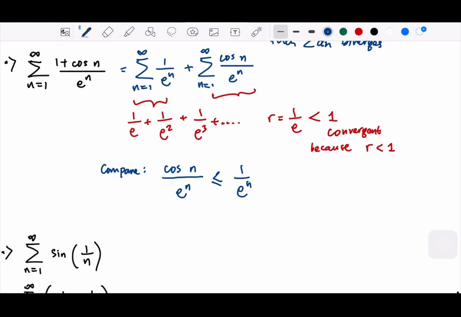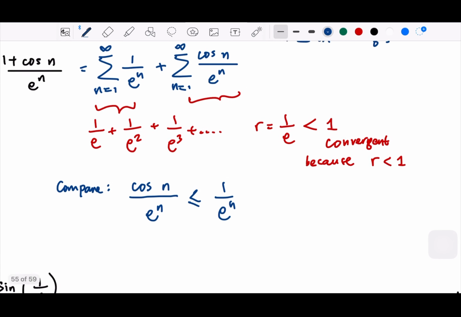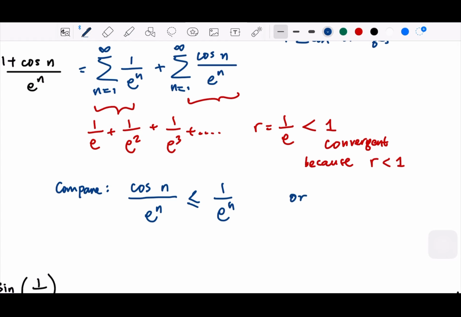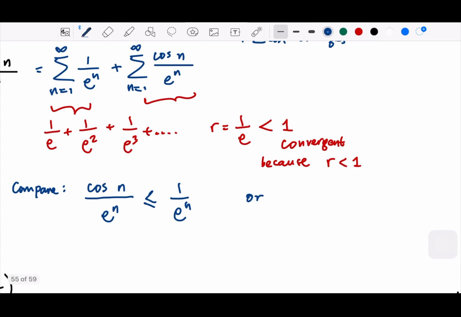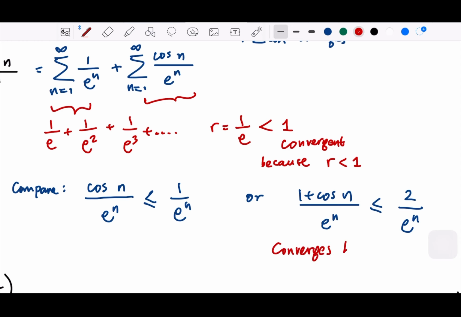Or we can directly take all together 1 plus cosine n, and compare this to 2, to make sure that 1 plus something is at most 2. We can also do this directly, okay? And we can say that this converges by the direct comparison test.